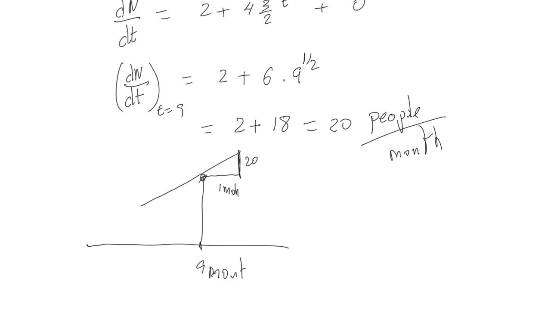So every month there are 20 more people. Maybe 20 women have birth, or maybe the net population is increasing by 20 because maybe 30 people are dying and 50 people are being born.